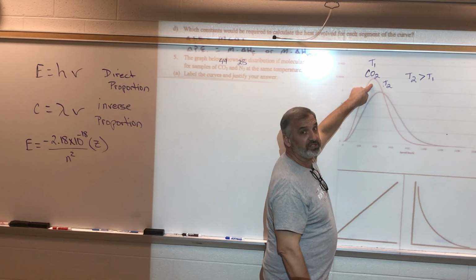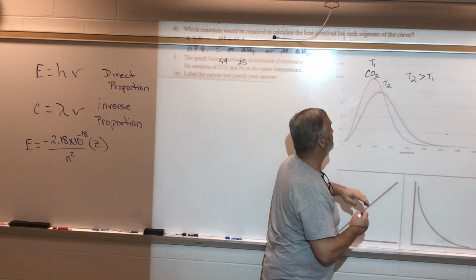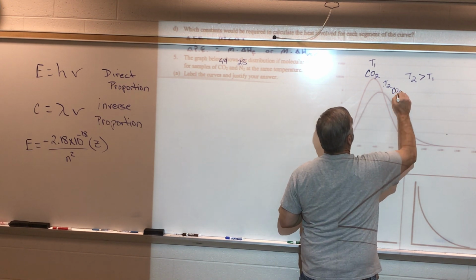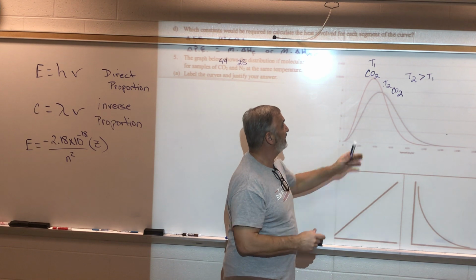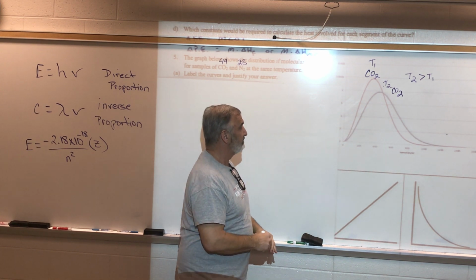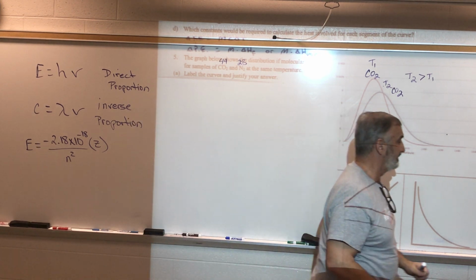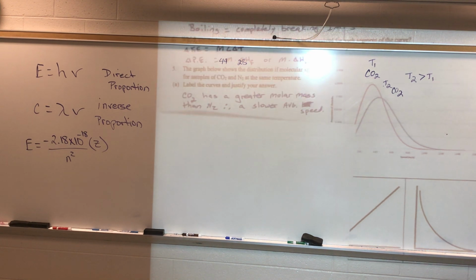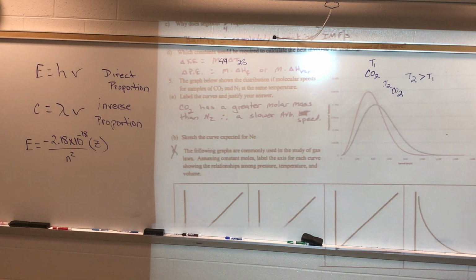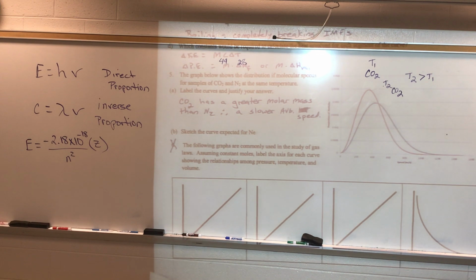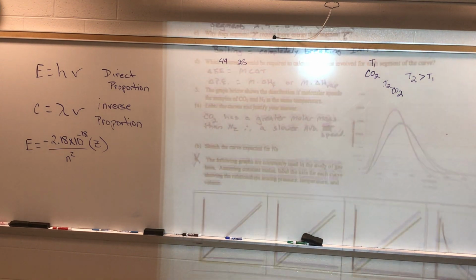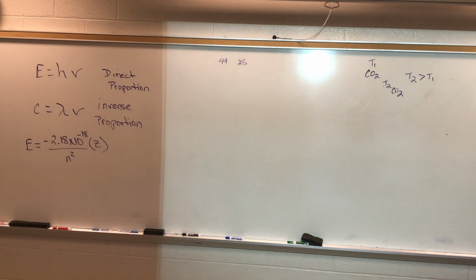This is temperature 1 of the CO2, this is temperature 2 of the CO2, okay? And as a result, it moves to the right. Now, it doesn't ask what's going to happen on that one. You didn't have to do number 6, okay?